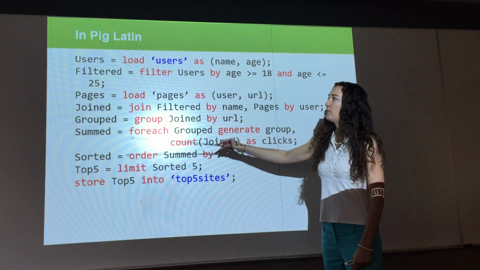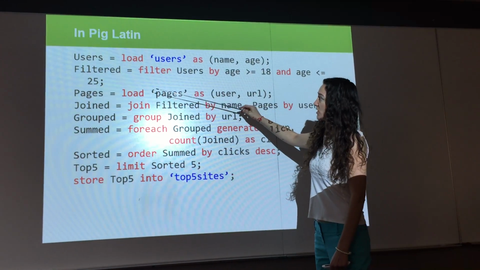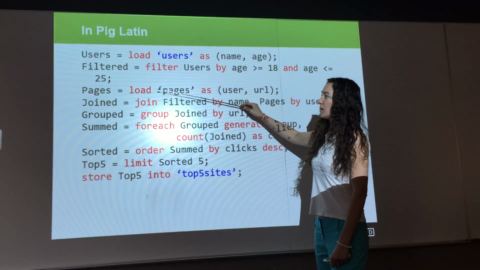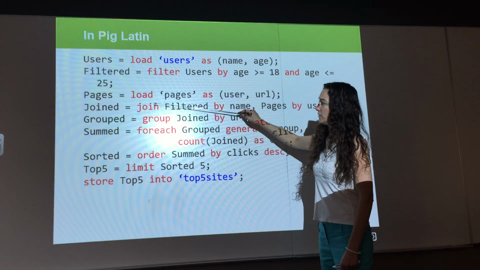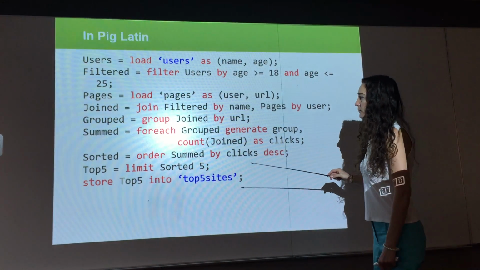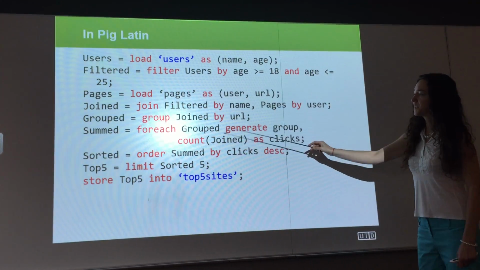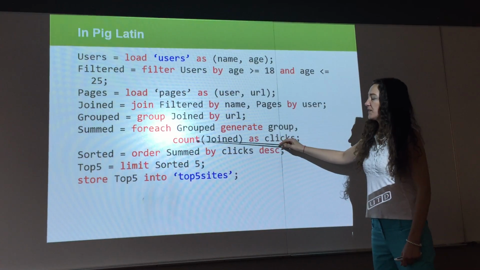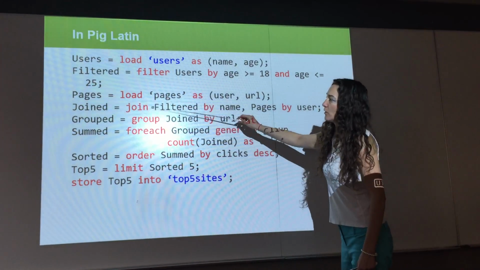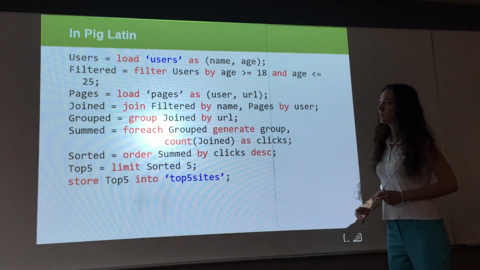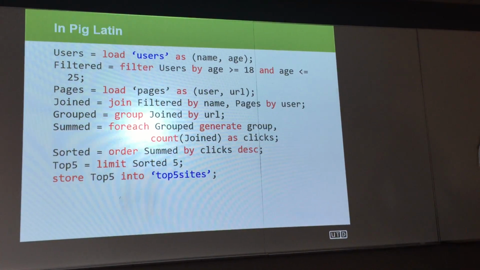This is for working on the files, and then operations on the data, join, group. There could be some loops implemented, such as for loops, and then do some counting. But the red ones are the operations that the Pig language provides.